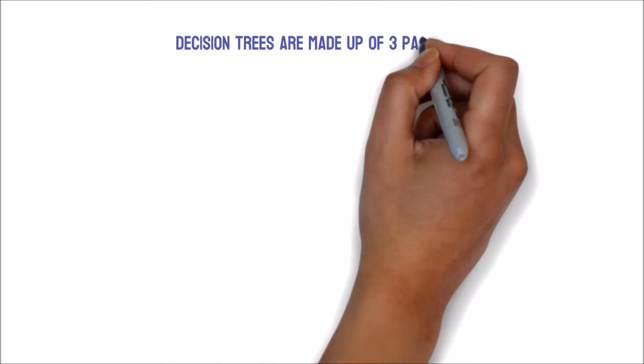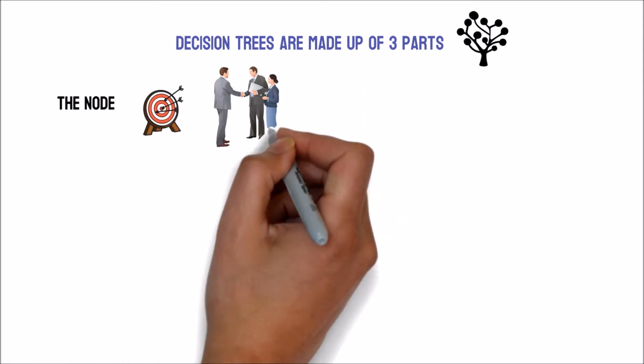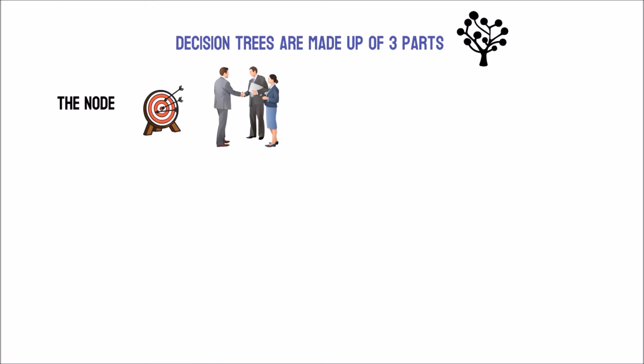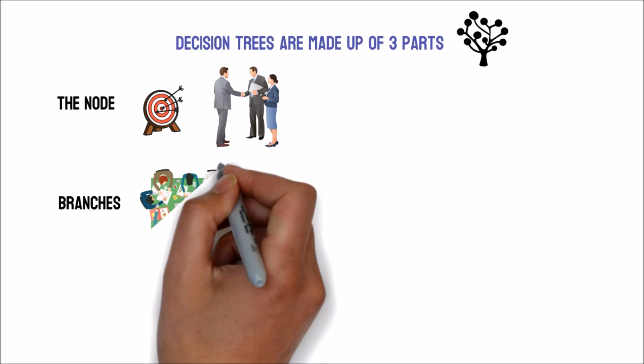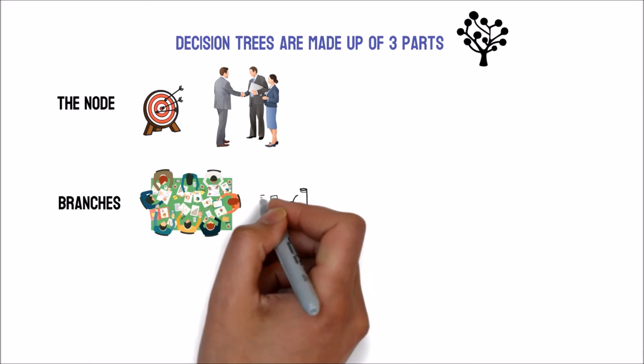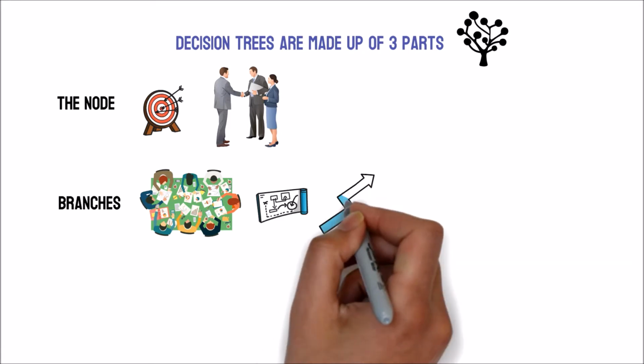Typically, decision trees are made up of three parts. The node at the top of the tree. The main objective or an important decision people seek to make is represented by this top-level node. Branches. The numerous choices or action plans available when choosing a highly preferred option are represented by the branches that grow from the base.